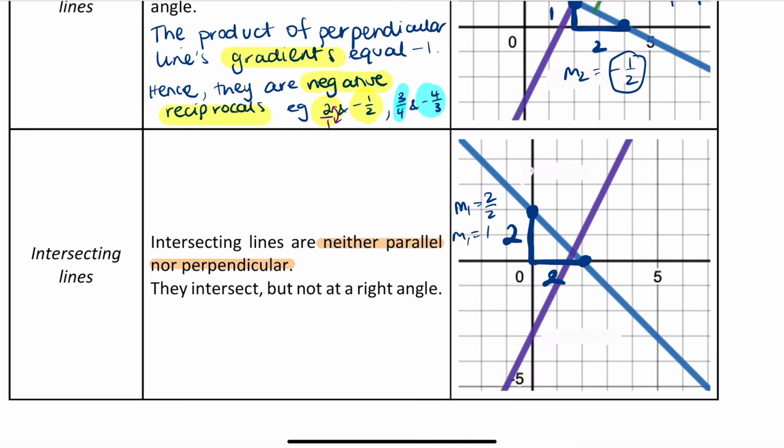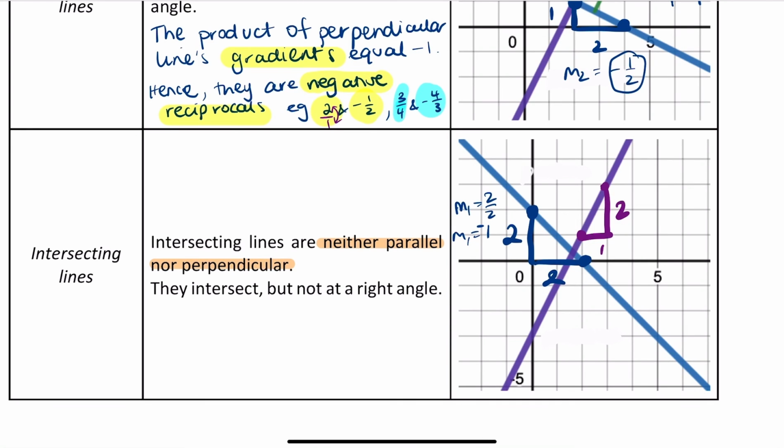Now let's do the purple line. Our purple line goes through this point here and this point here. It goes up 2 and across 1. Oh, my bad, I'm going too fast. Our blue line is actually negative because it's going down from left to right. So this is a negative 1.